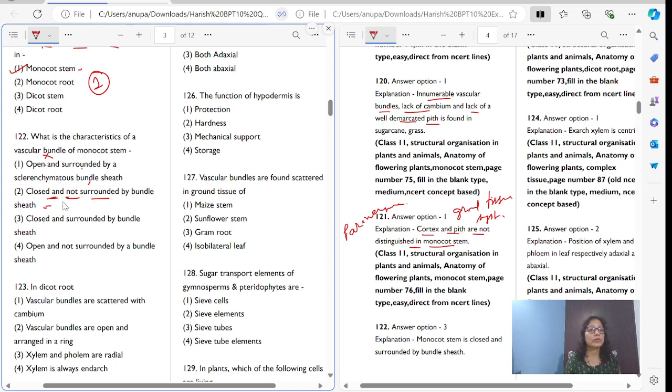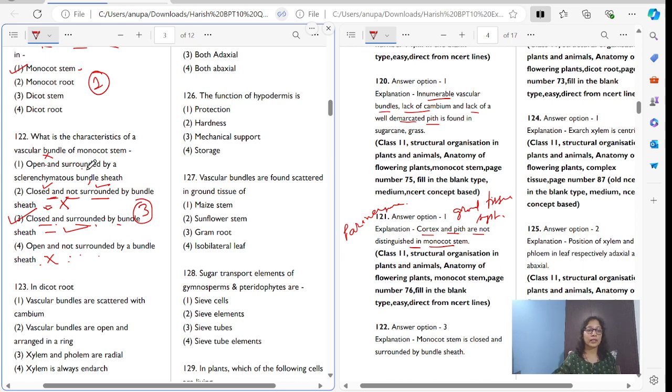This option is also not correct because it is closed and it is also surrounded by bundle sheath. Third option is closed and surrounded by bundle sheath. This is correct. The vascular bundles of monocot stems are closed and also they are surrounded by bundle sheath. And the fourth option is open and not surrounded by a bundle sheath. This is also wrong. So the answer for this question will be option number 3. The characteristic of vascular bundle of monocot stem is closed and surrounded by bundle sheath.